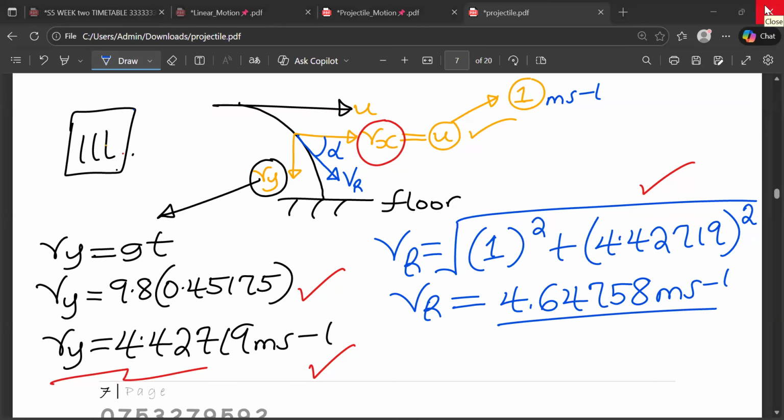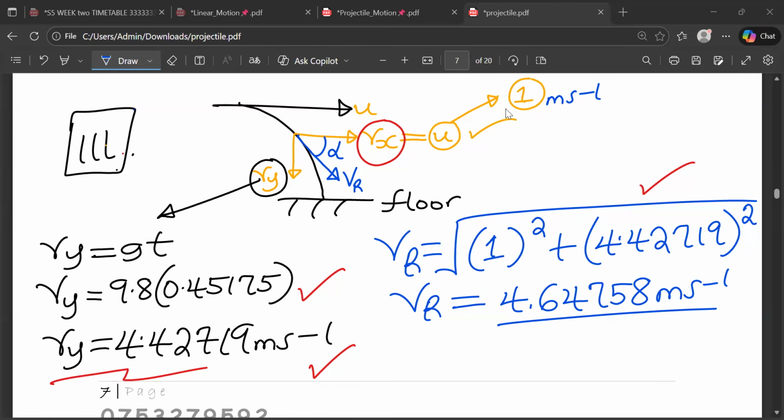Seems I've made a mistake. Which one is the mistake? 4.42719 squared plus 1, then square root. Why is mine different? Yes, Raj, where is the mistake?